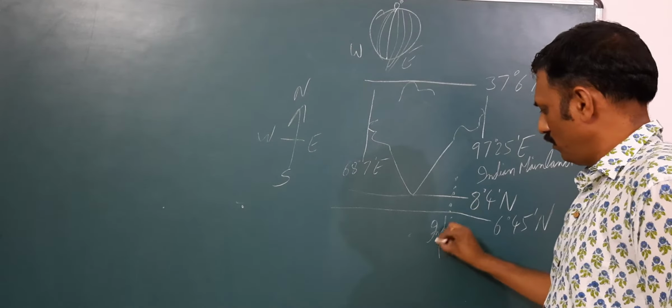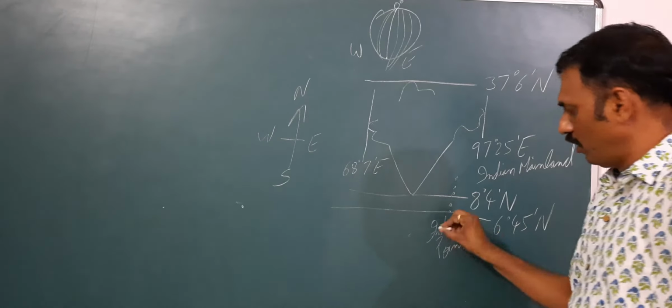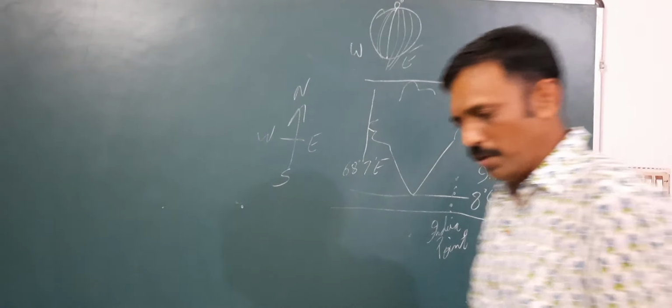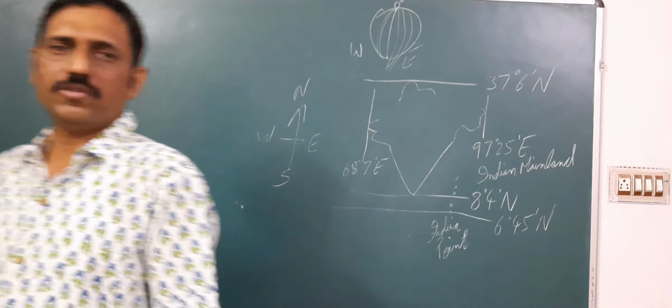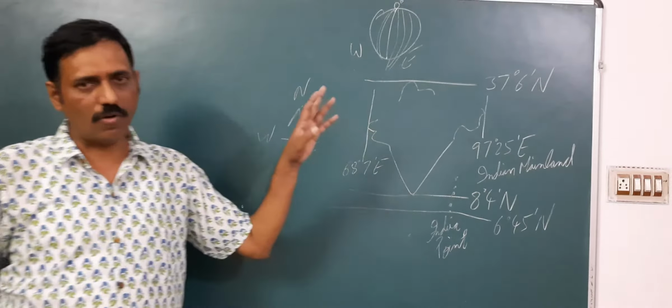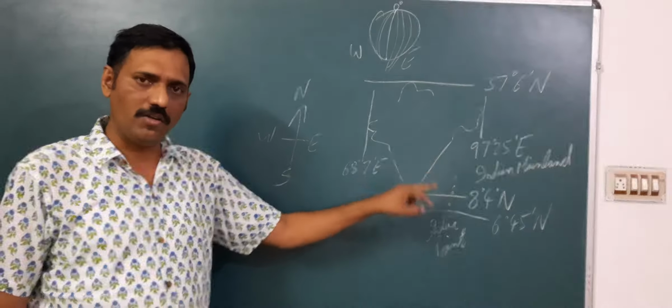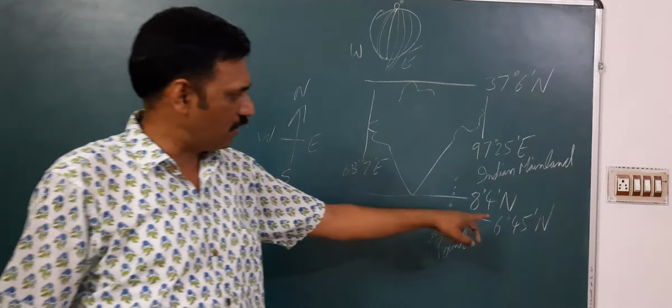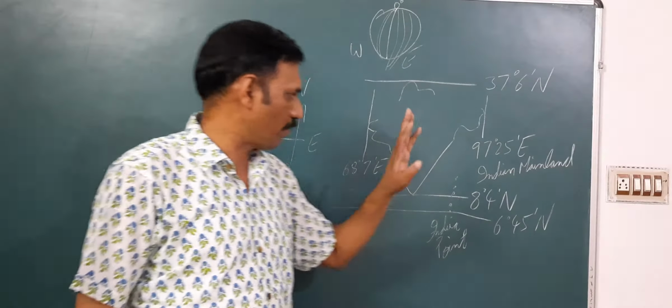Although Indira Point was submerged in water in the 2004 tsunami, it is given in the NCERT book, and a question can be asked which is the southernmost point of the Indian Union: Indira Point, at 6 degree 45 minute north.